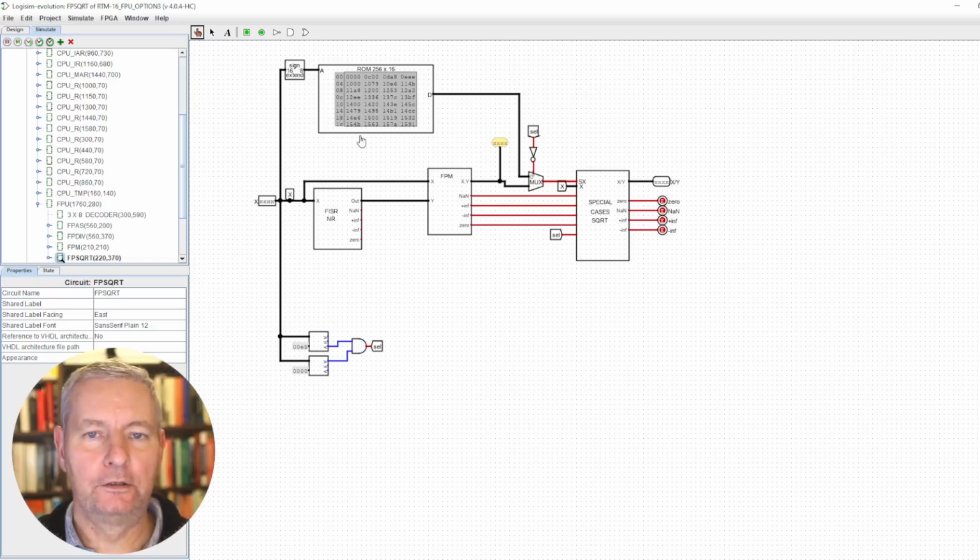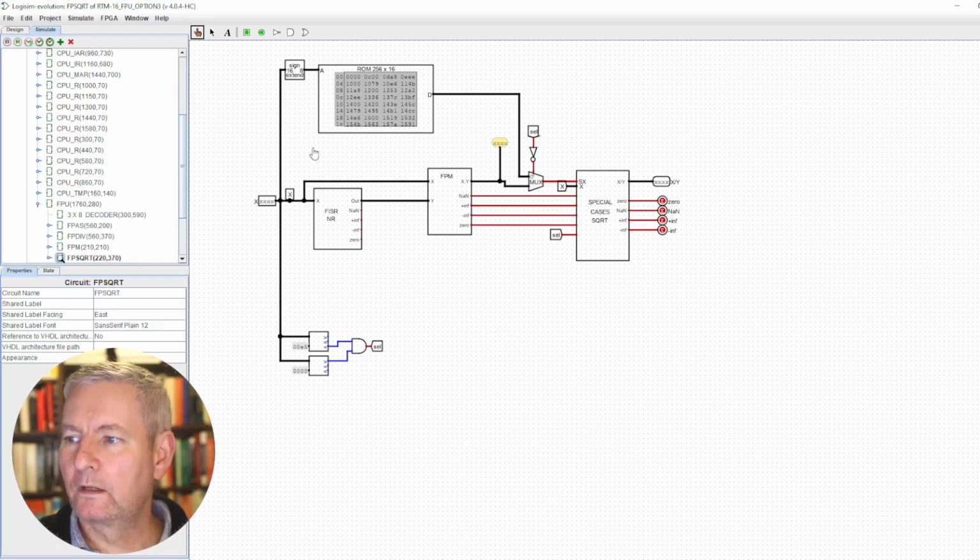And I've generated the 229 values for the square root of these numbers. In fact, I didn't generate it, I got ChatGPT to generate the values for me. Now you have to be careful because ChatGPT sometimes gets it wrong, but I'm going to monitor that and check whether the values are in fact correct. So I've put all the values into a ROM.